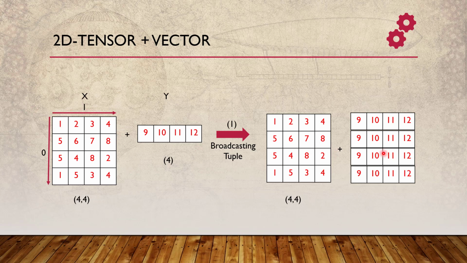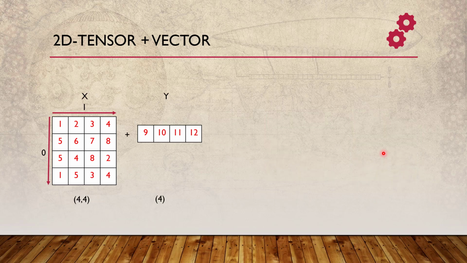Now let's see how the same problem can be tackled with dimension 0 as well, because the first rule we need to remember is: for the higher dimensional tensor x, the dimension which is matching with the dimension of the lower dimensional tensor will be my broadcasting tuple.